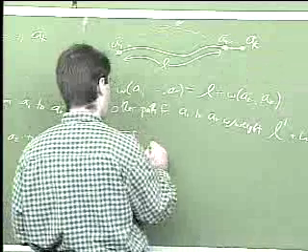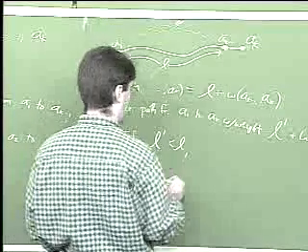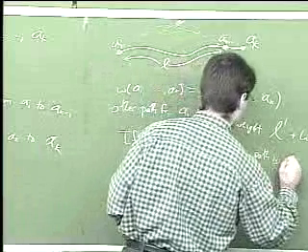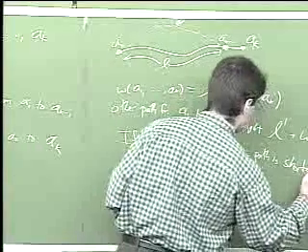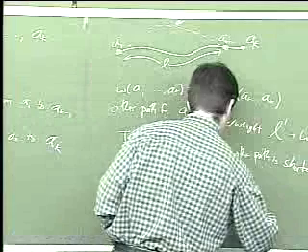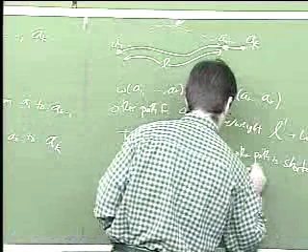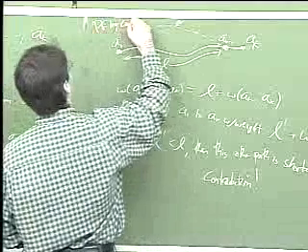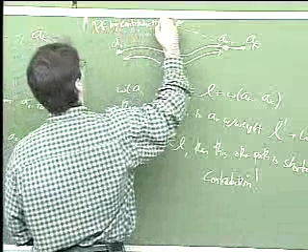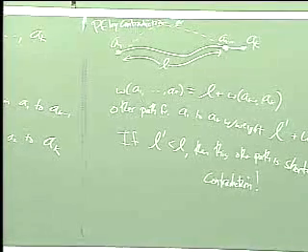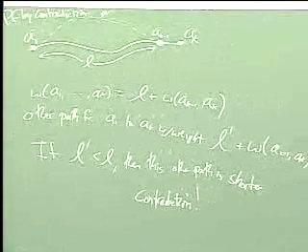And if L prime is less than L, then this other path is shorter. All right, it's a contradiction. So this is proof by contradiction. Everybody understand the picture?